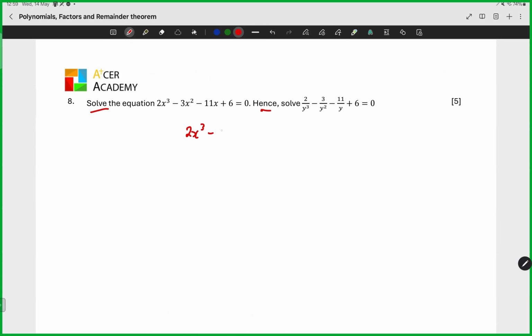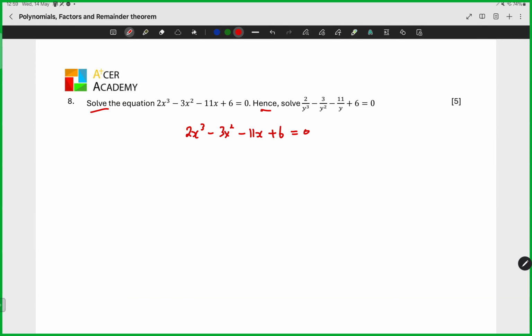Okay, so 2x cubed minus 3x squared minus 11x plus 6 equals 0. The first thing that we'll do is to key into the calculator to find out what are the roots that we have in the equation. All right, let me just key into the calculator.